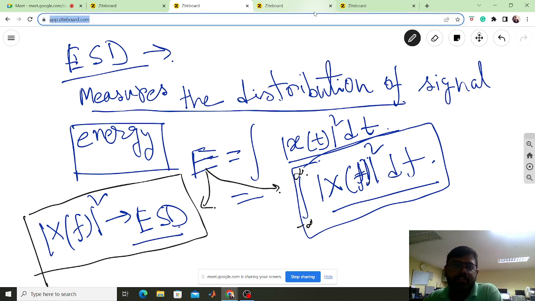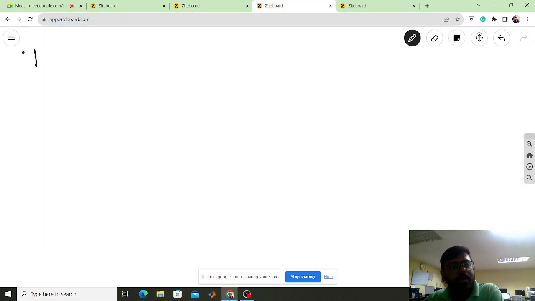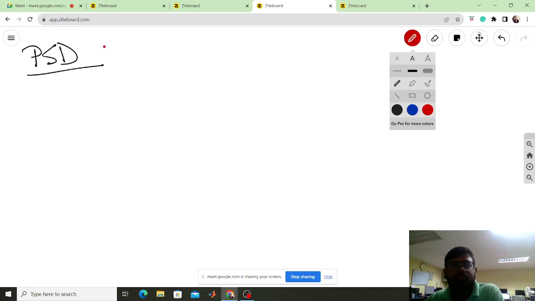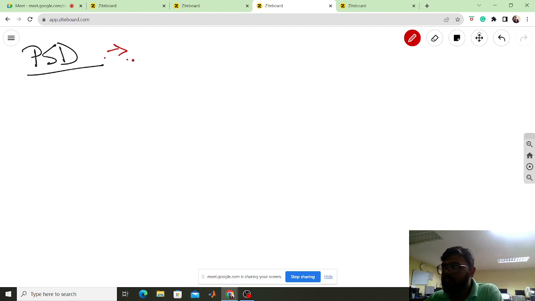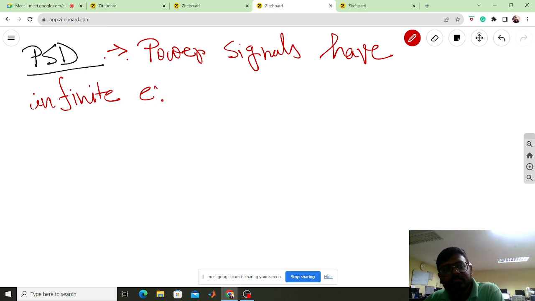Now for PSD, the key part is, we know power signals, already discussed, have infinite energy. So in this case, ESD may not exist.